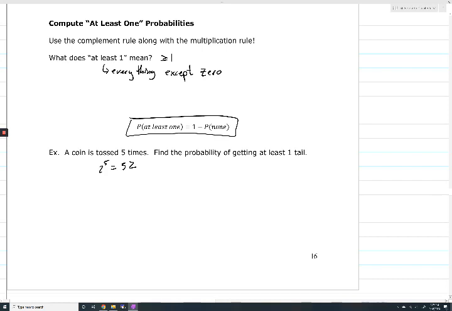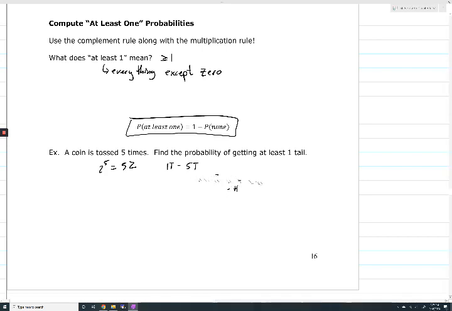And if I want to get at least one tail, that means I could have one tail all the way up to 5 tails. And that one tail doesn't say where that tail is. So I could have heads, tails, heads, heads, heads, or I could have tails.